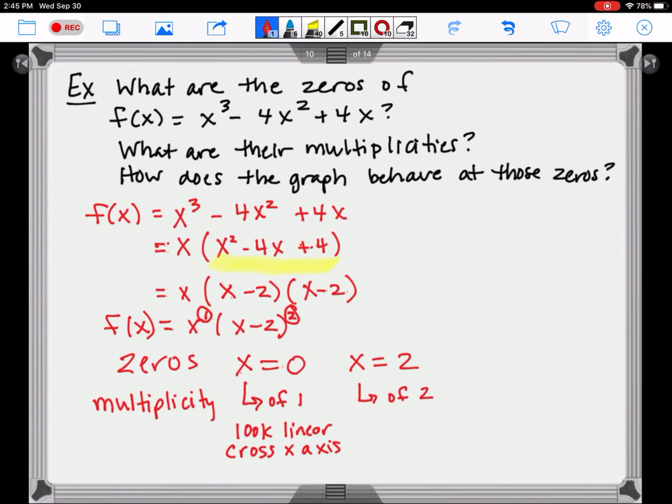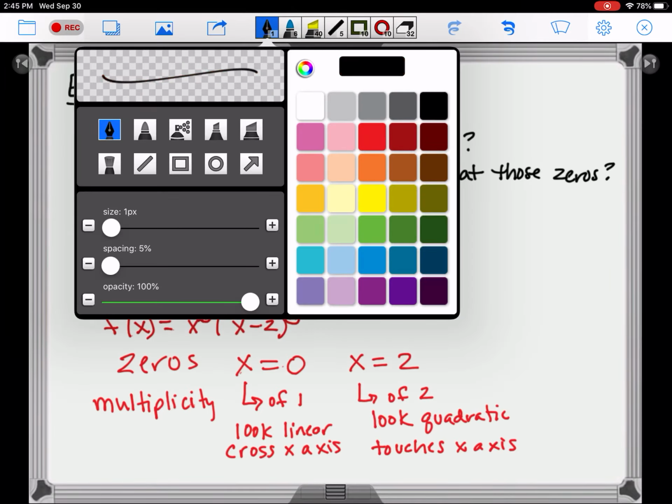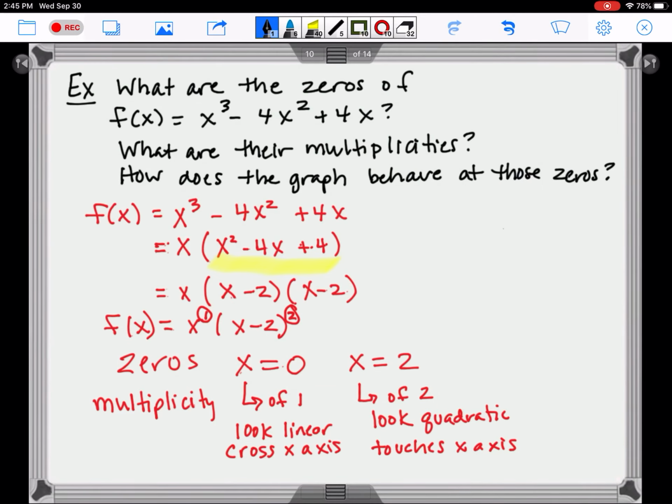Now what that means is that it's going to touch the x-axis. What I know by that, it's going to look quadratic. I can use that information and present a graph. So let me get a color and let's do a graph.